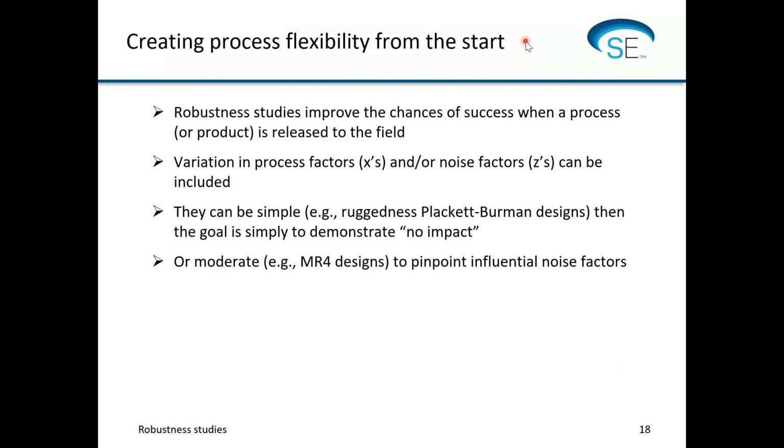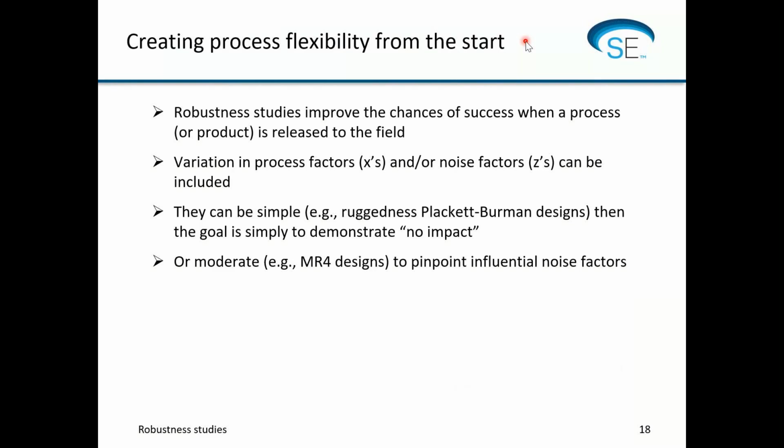I suggested an alternative to that in my first webinar, which would be to use Stat-Ease's MR4 designs, because that's going to give us a little bit more insight on what exactly the cause of the variation is. And that's probably good if you have a limited number of factors that you're trying to evaluate. What did I say, 6 or 7 or 8 or something like that.